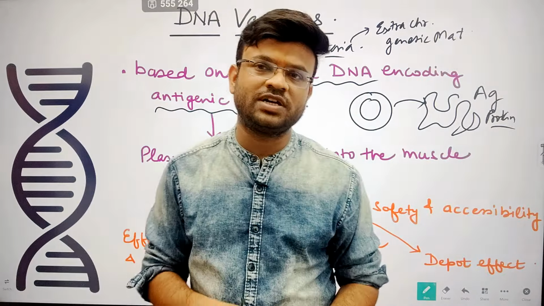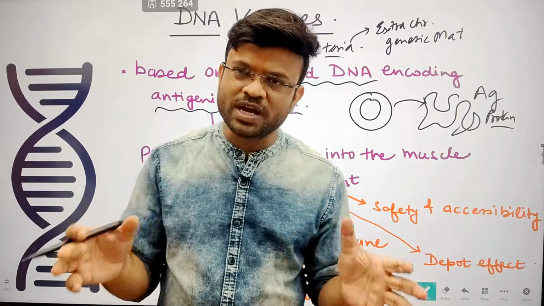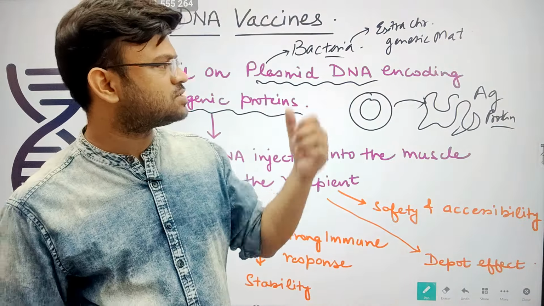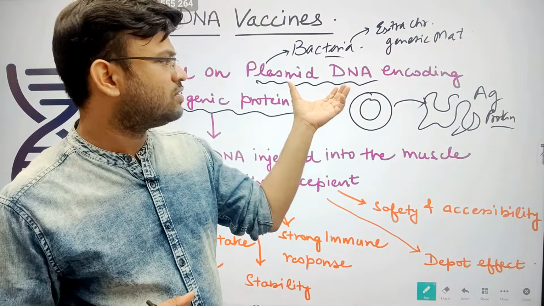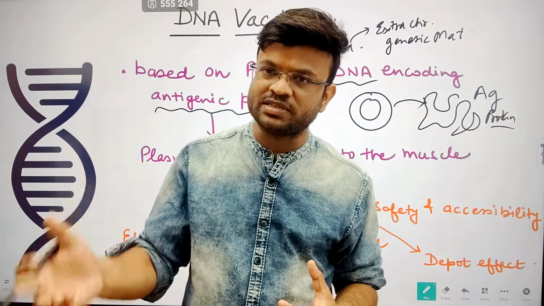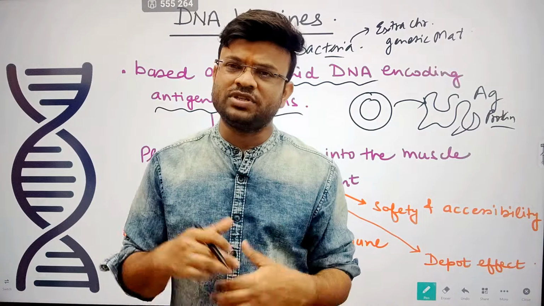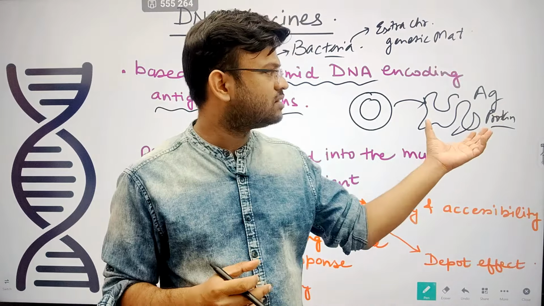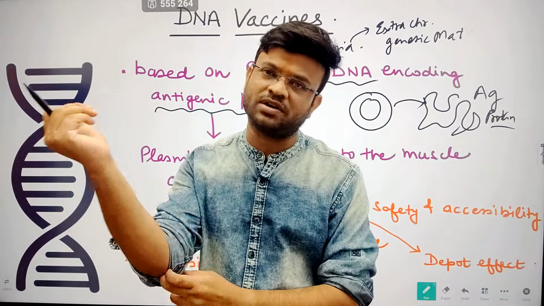It might cause some diseases inside the host. So we are choosing a plasmid DNA that would be encoding, or responsible for synthesizing, the antigenic proteins. These antigenic proteins will be responsible for causing diseases or infections inside a particular host.